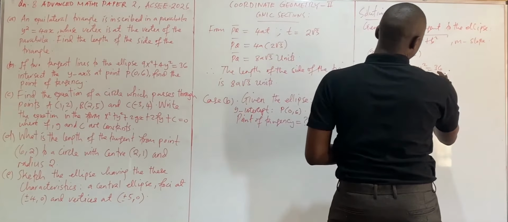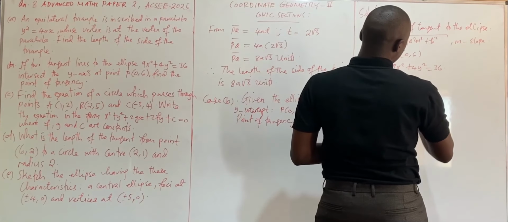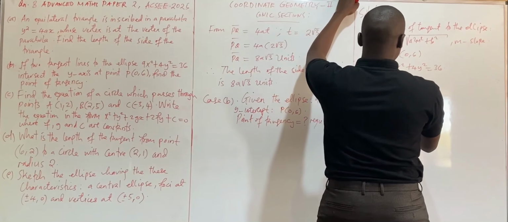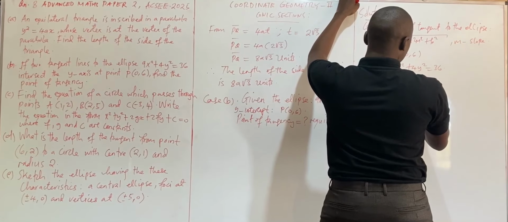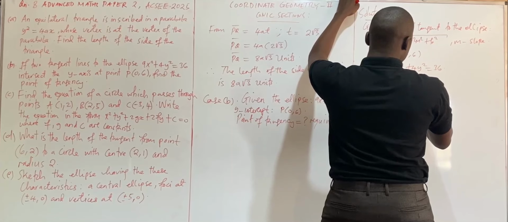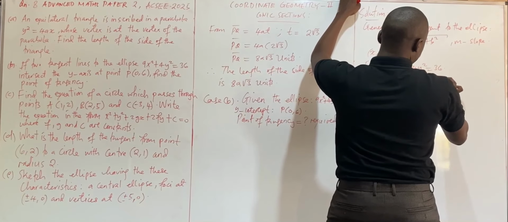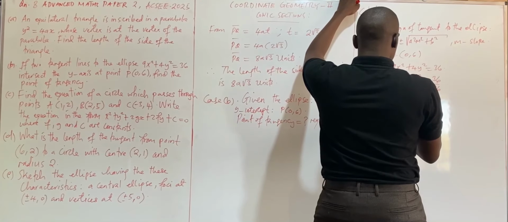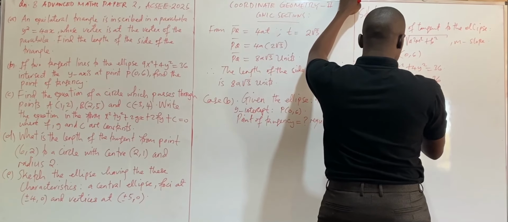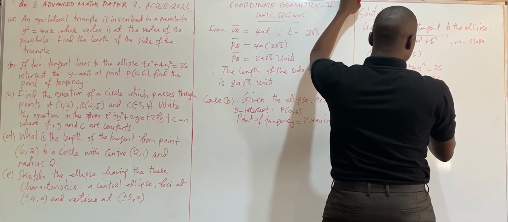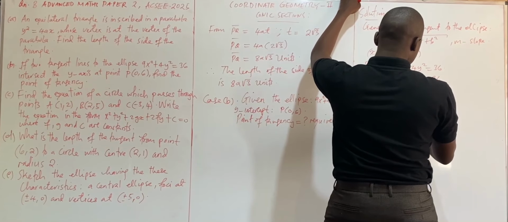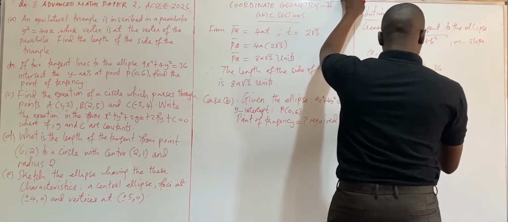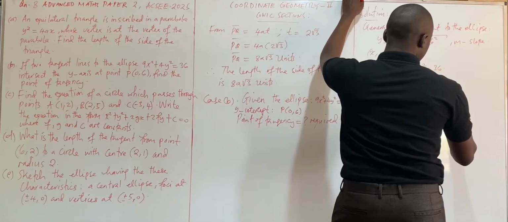So we can express this in its standard format by dividing each term by this constant. If we divide both sides of this equation of an ellipse by 36, we end up getting x squared over 4 plus y squared over 9 equals 1.